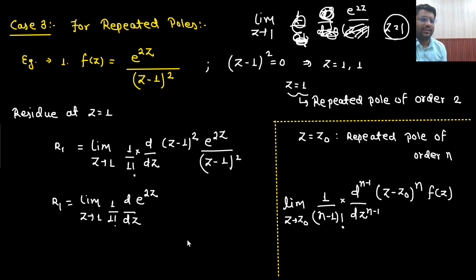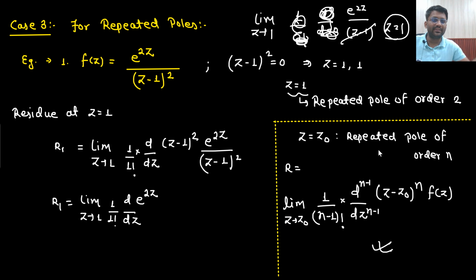This is what you have done previously when you were solving for simple pole. When you were solving for simple pole, you used to remove this guy. After that you used to differentiate 0 times and then divide with 0 factorial. So what did you understand? That this particular method is the same. This particular method is the same for the repeated pole as well, and it is working for the simple pole as well.